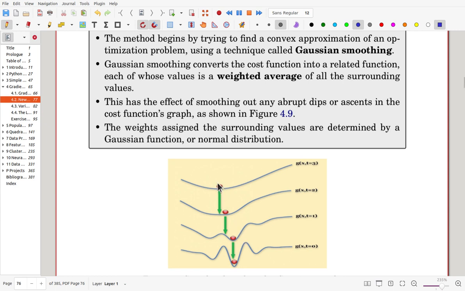So by using many stages of smoothed objective functions, starting from the smoothest one, you minimize, and then use the minimizer as the initial value for the next stage, and minimize the objective function, and so on, so that you can get good convergence.